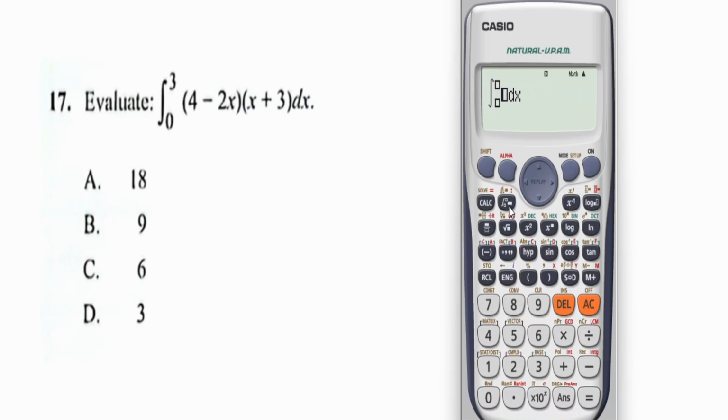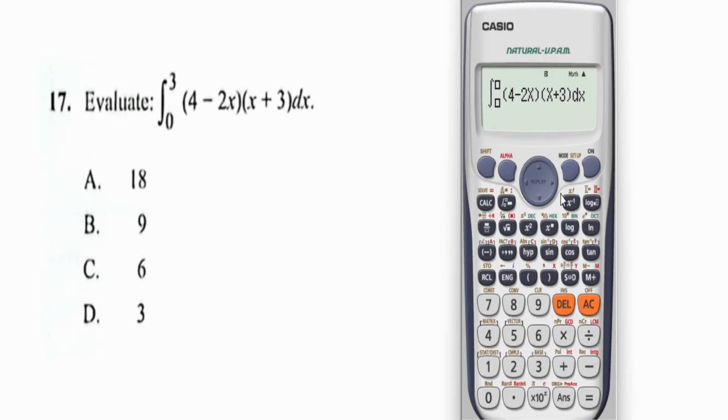Then I go to the integral sign. Then I bring my parentheses. I have 4 minus 2x. I have to go to alpha and x to get my x. Then I close my parentheses first, I open another one, then I have x, so I have to go to alpha x plus 3.